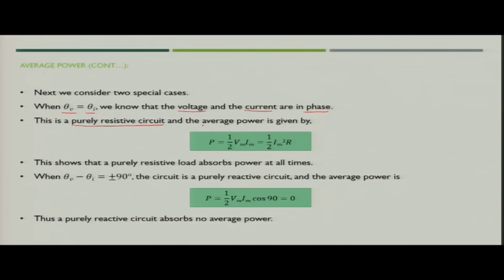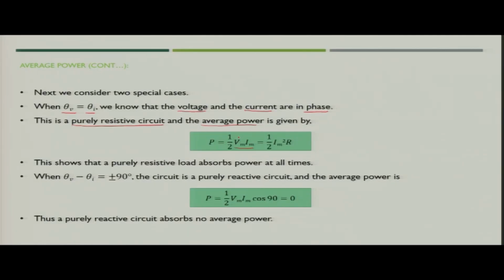Then theta V minus theta I becomes 0, so cos of 0 is 1, and the average power across the resistive element is 1 by 2 Vm Im, or simply 1 by 2 Im square R, because V is nothing but I into R.